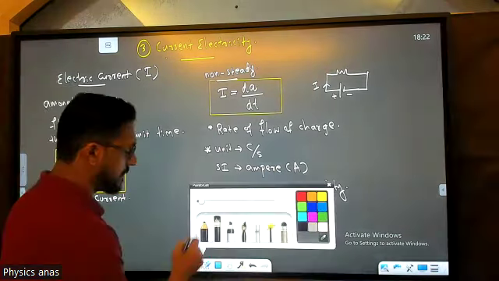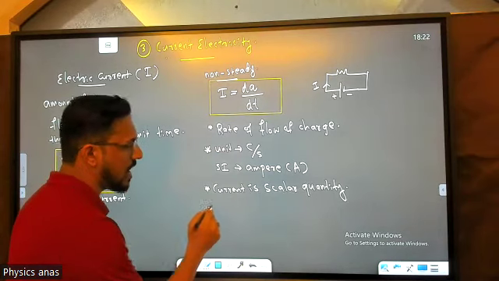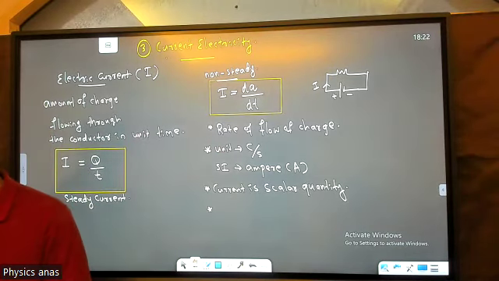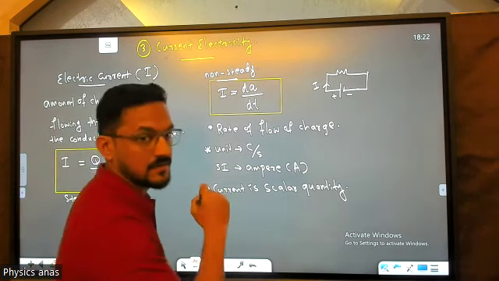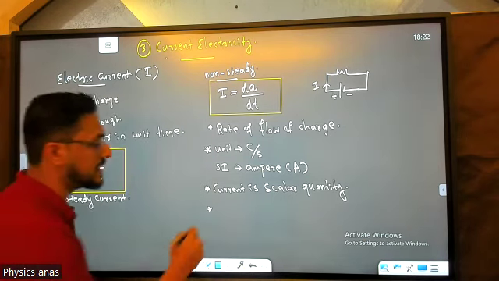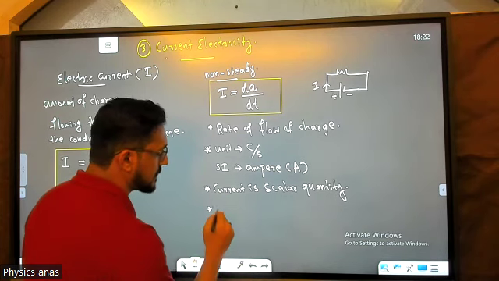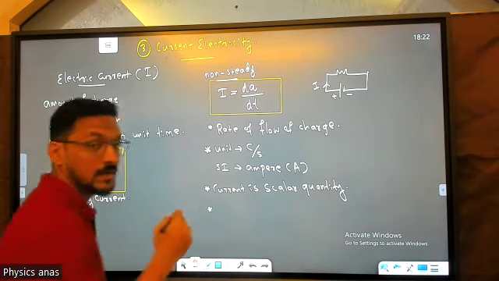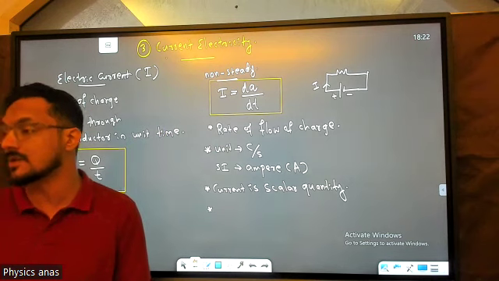And the next idea about current. How can you measure current? You can use an ammeter. It's a device. Ammeter is used to measure current.